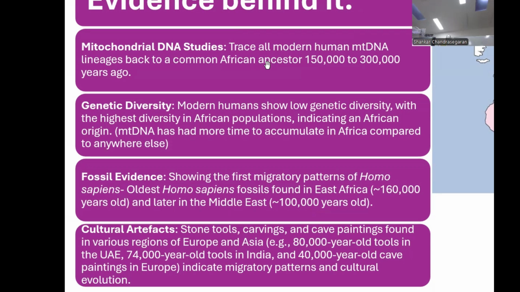Whereas when we study the mitochondrial DNA of people in Africa, we can see there's a higher amount of diversity, indicating that there was a long period where Homo sapiens evolved and stayed in Africa, accumulating mutations in their mitochondrial DNA, showing that there's a higher diversity of it, whereas people who migrated out of Africa did so not too long ago, so they still haven't accumulated that many mutations in their mitochondrial DNA.